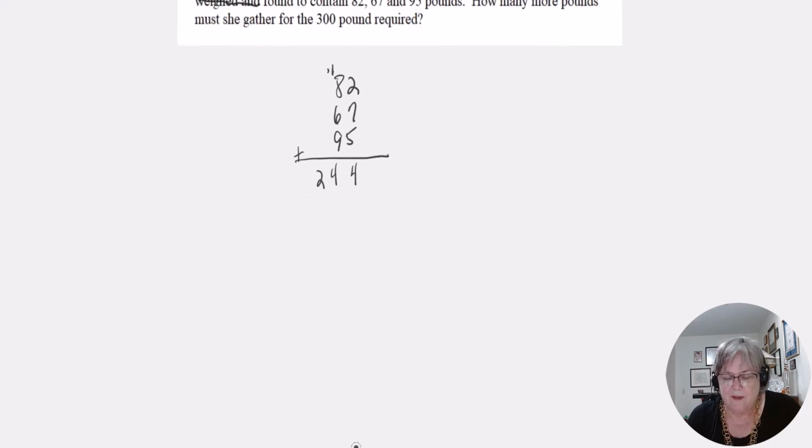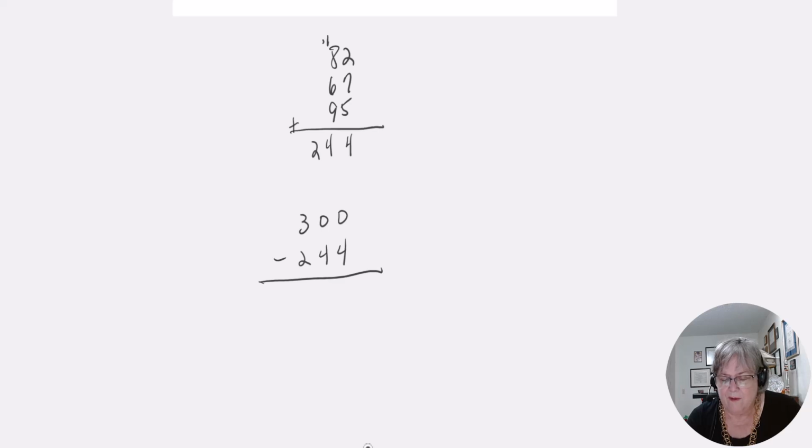So let's see how much she still has to gather. So 300 minus 244. All right. I can't take 4 away from 0, and the next door neighbor is also a 0, so I can't borrow from that. So here's 2. We carry 1 over. That's going to make this 10. Then we borrow from it, making it 9, and we have 10 all the way down here.